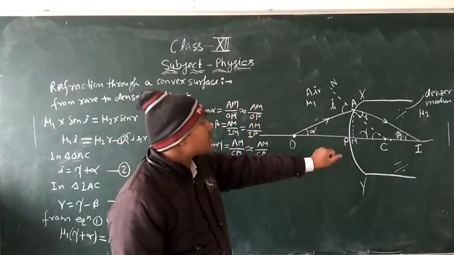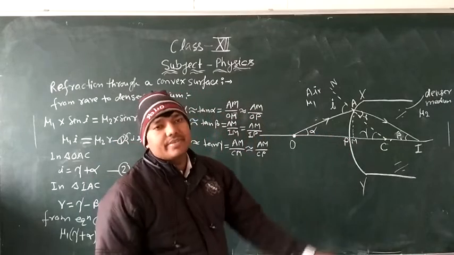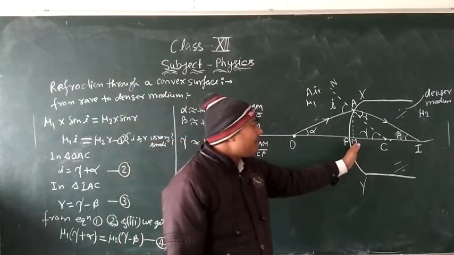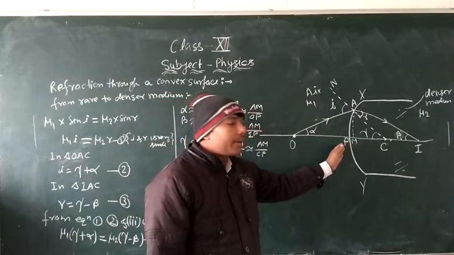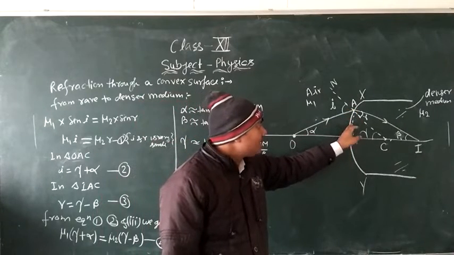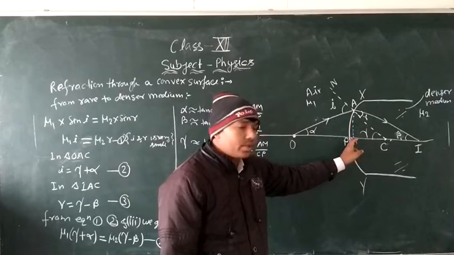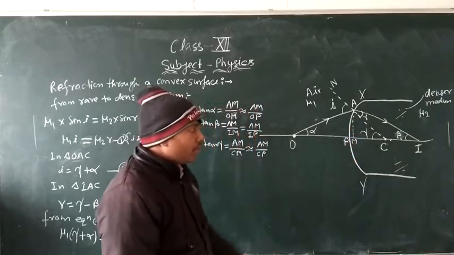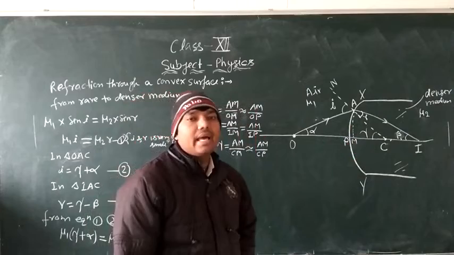Because if alpha, beta and gamma are very small, then M tends to move onto P. Therefore we ignore the difference between M and P.